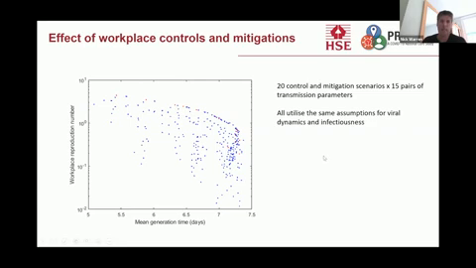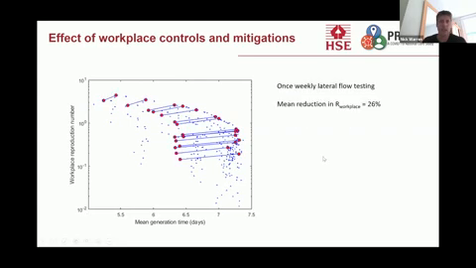So if we pick out some specific controls, once weekly lateral flow testing reduces the workplace reproduction number by about 1/4 and shortens the generation time, which I think you would expect, identifying people when they're pre-symptomatic or asymptomatic and removing them from the workforce. So that should shorten the generation time.